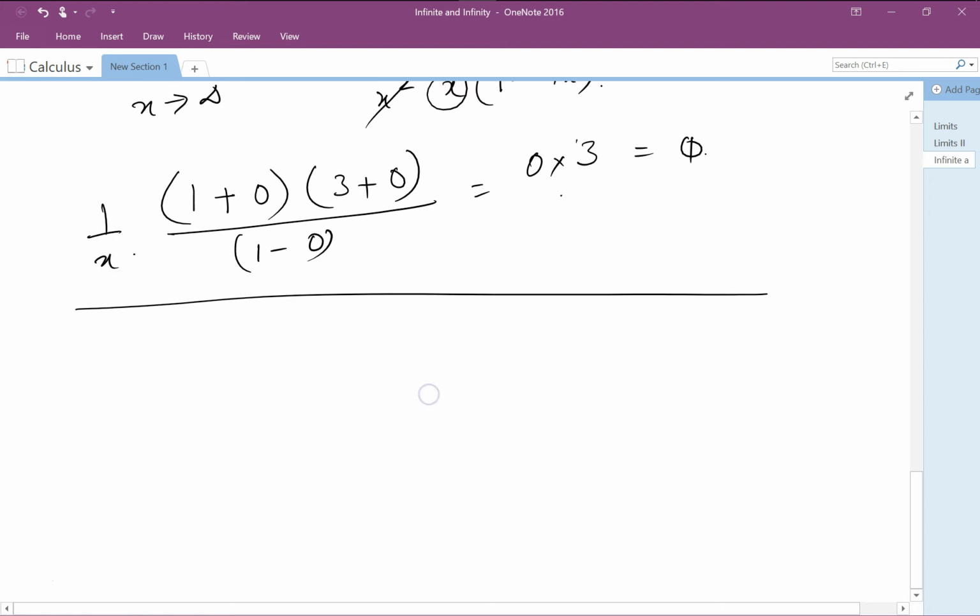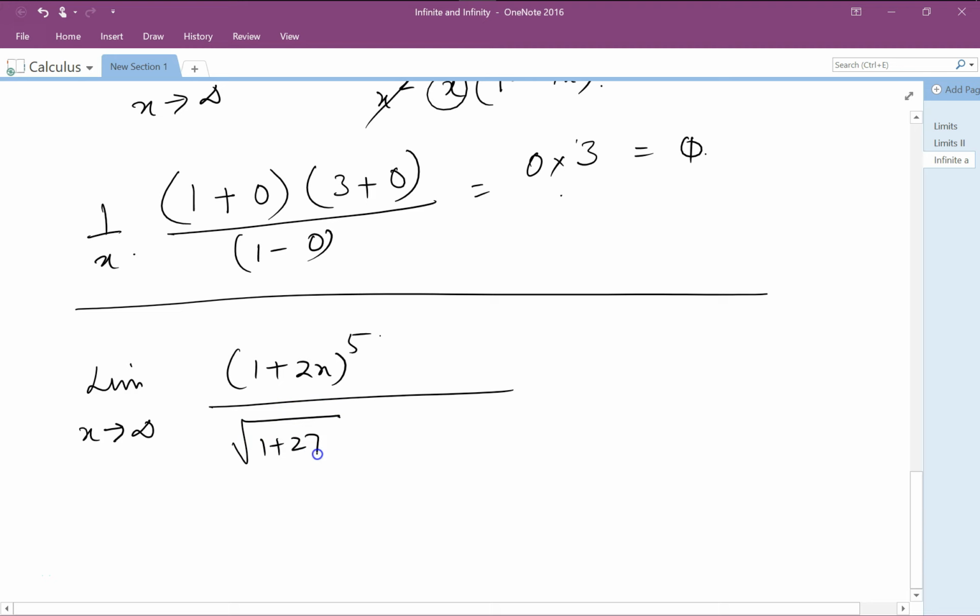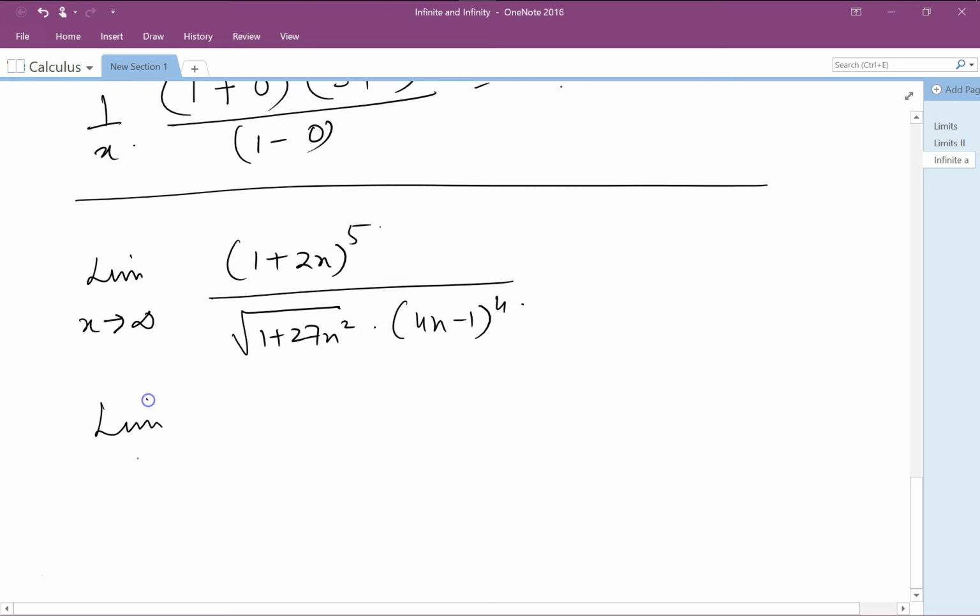Okay, let's do one more. Limit as n approaches infinity, (1 plus 2n) to the power of 5 divided by square root of 1 plus 27n square times (4n minus 1) to the power of 4. Remember, this square root can be written in terms of n.